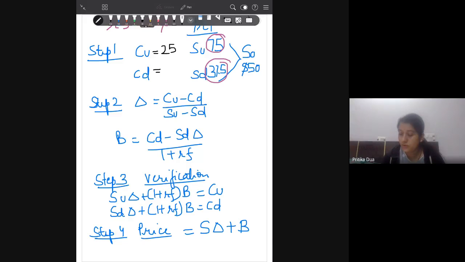Okay, so for CU and CD, you are getting a value of 25 and 0. What is the delta coming to? We can take it in fraction also.